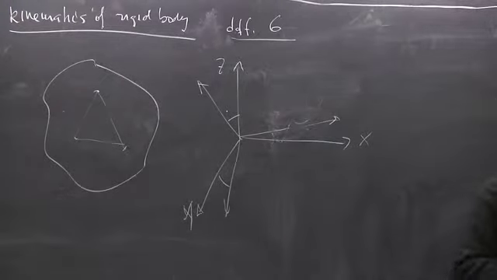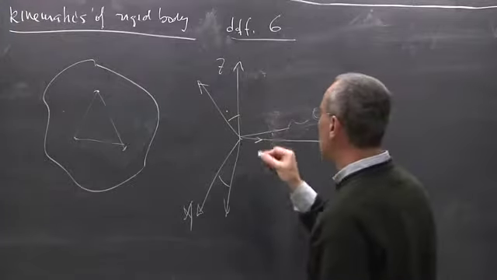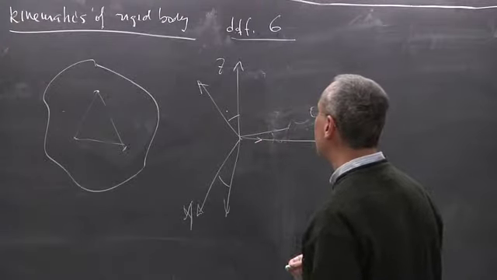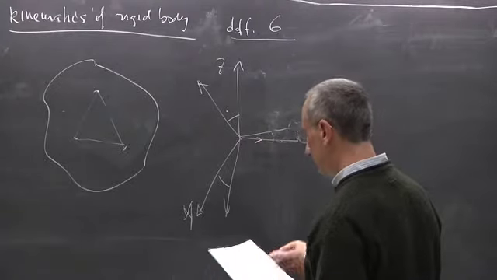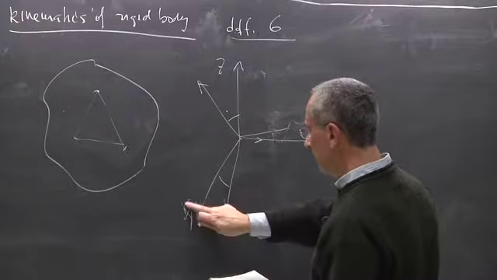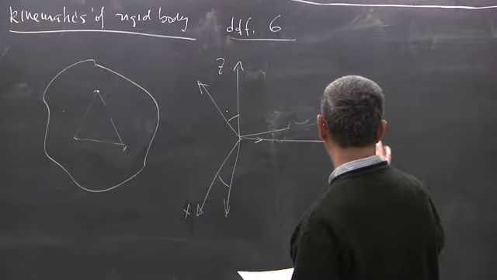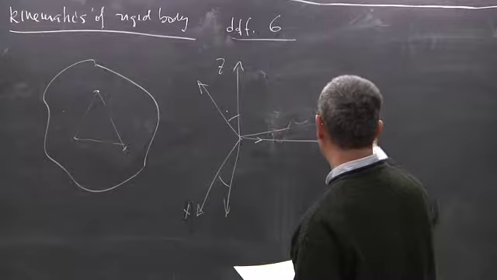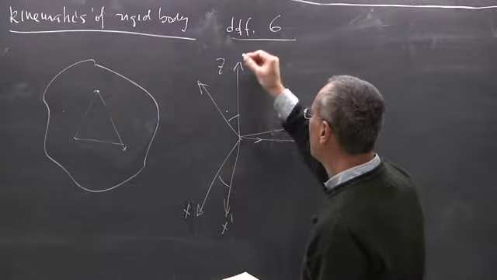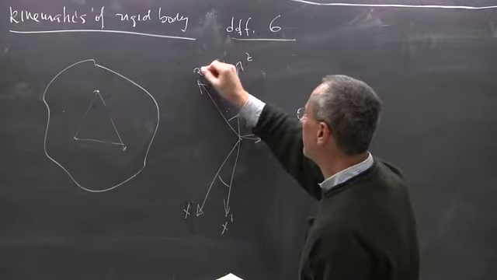Well, an angle is defined by two vectors, right? So if you attach, that's the usual way you do this kind of thing. In fact, I think usually x is here and y is here, right? So this is y prime and this is x prime. So if this is z, this is z prime.